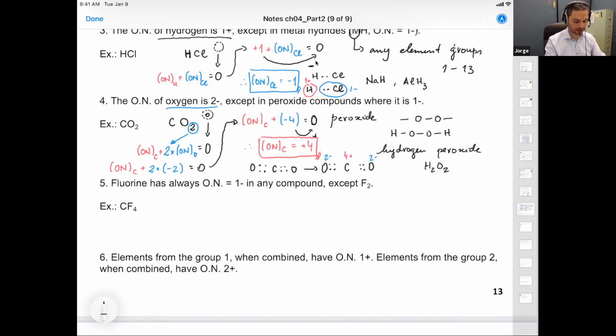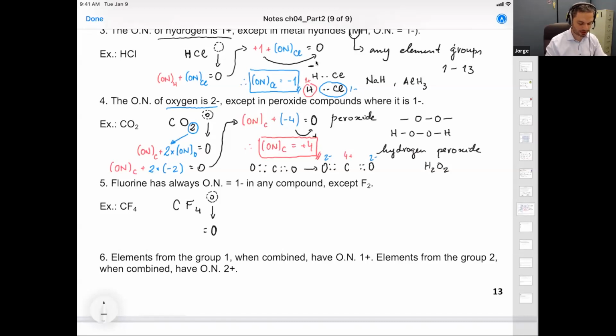So let's take here the example for the CF4 compound. So let's rewrite here, CF4. Again, if there is no number outside of the compound on the top right corner, that means the sum of the oxidation numbers is equal to 0.